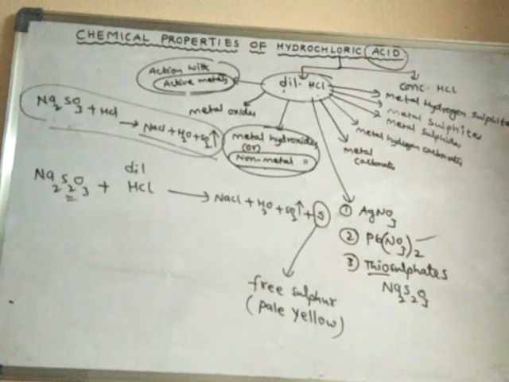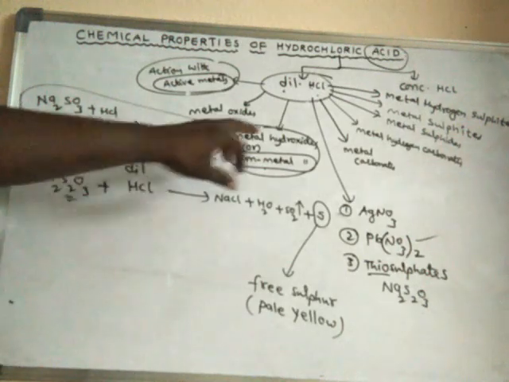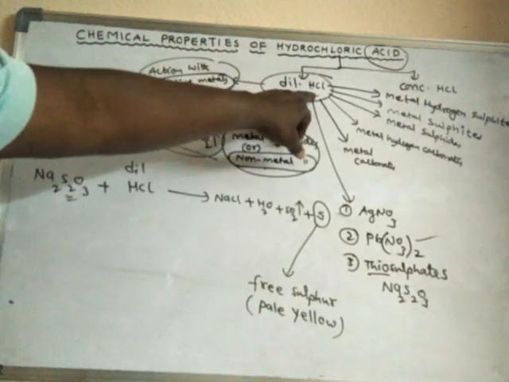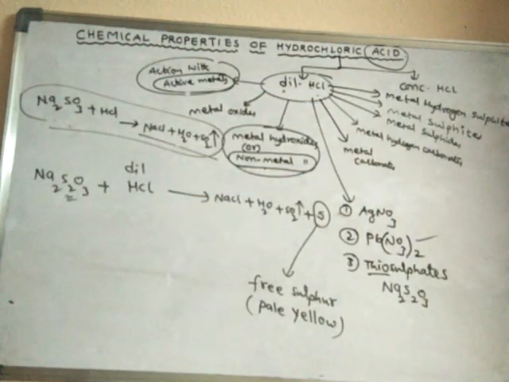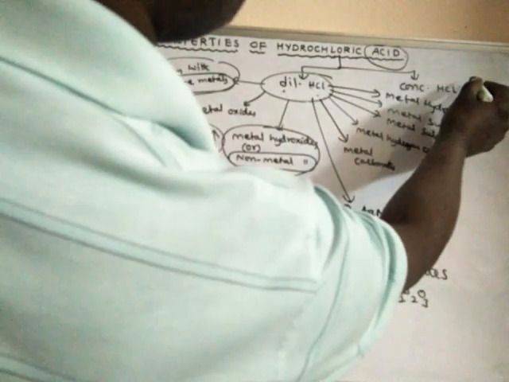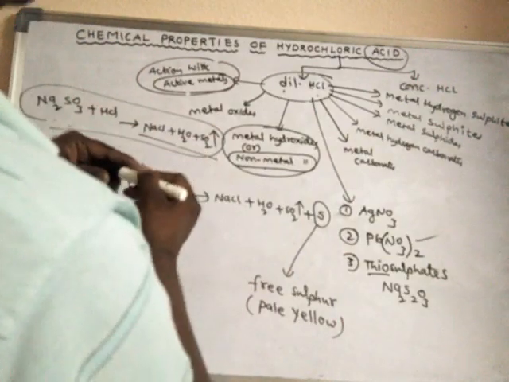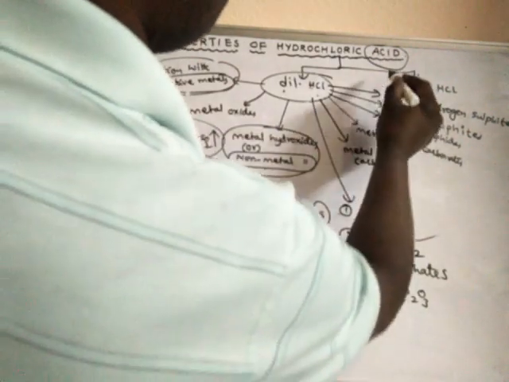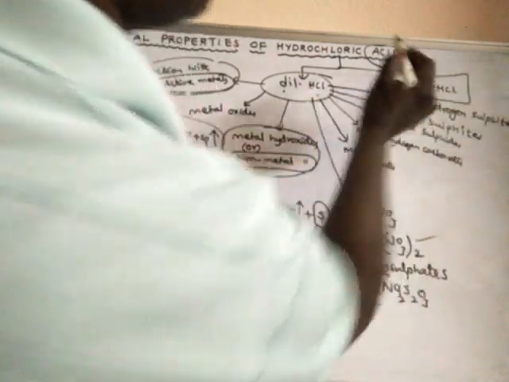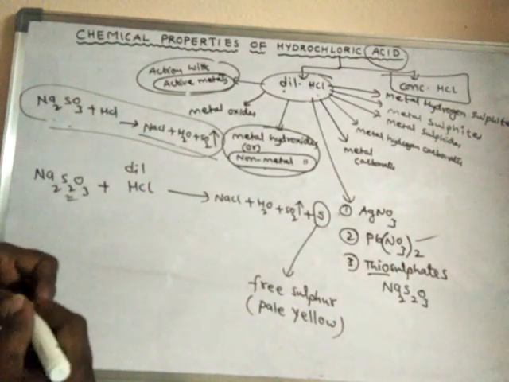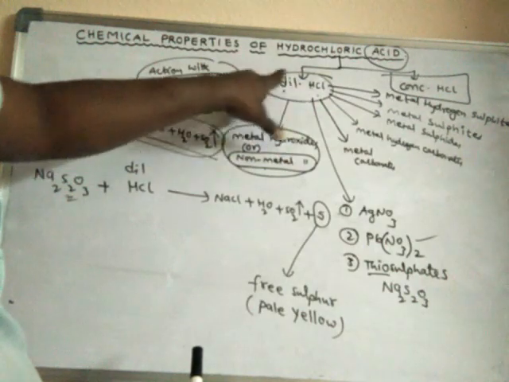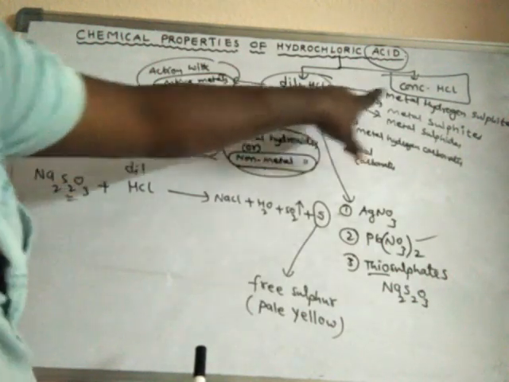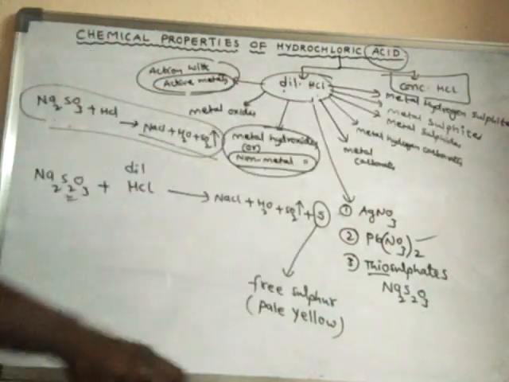So like this, the properties of dilute hydrochloric acid can be discussed. In the next video we'll discuss the chemical properties of concentrated hydrochloric acid. So in this video we have discussed this one, and in the next video we'll discuss the other. Okay, bye.